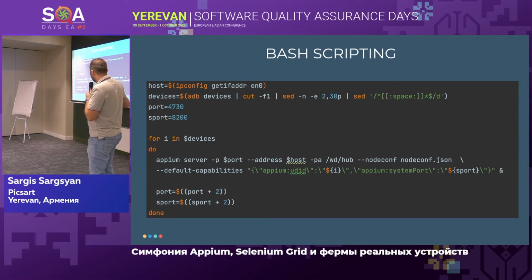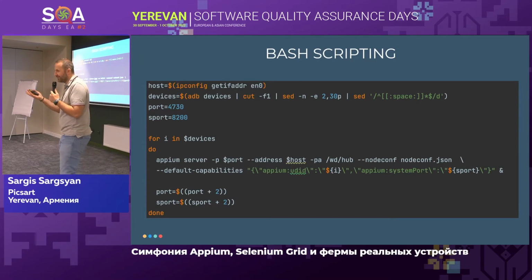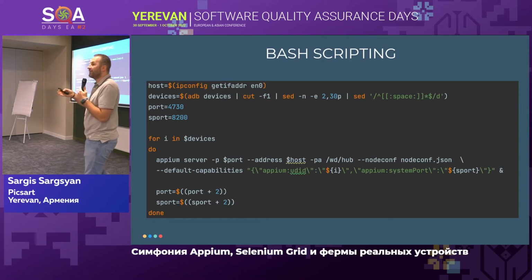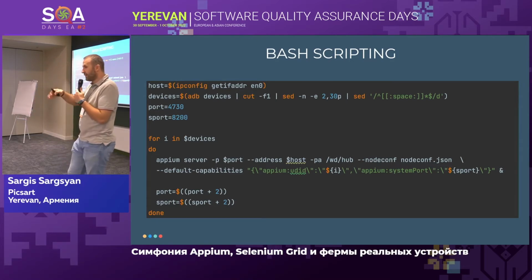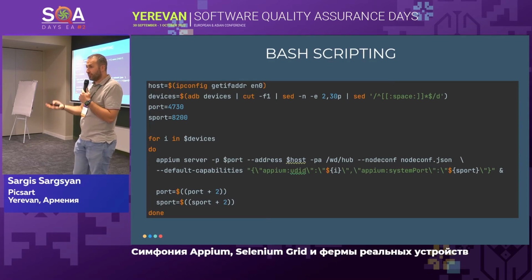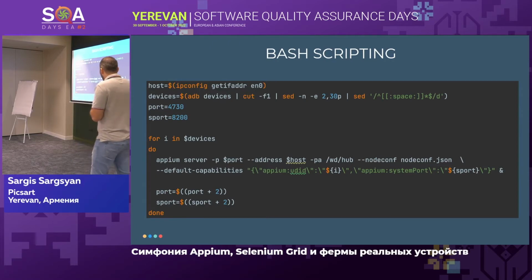And then we say to add 2, I mean I'm adding 2, you can add 1 or 10, whatever you want, to the port, because for every node, the port should be unique. So every time I'm adding 2 to make sure that the port number is changed, and then when it's running the second time, third time, you will have it. Good.